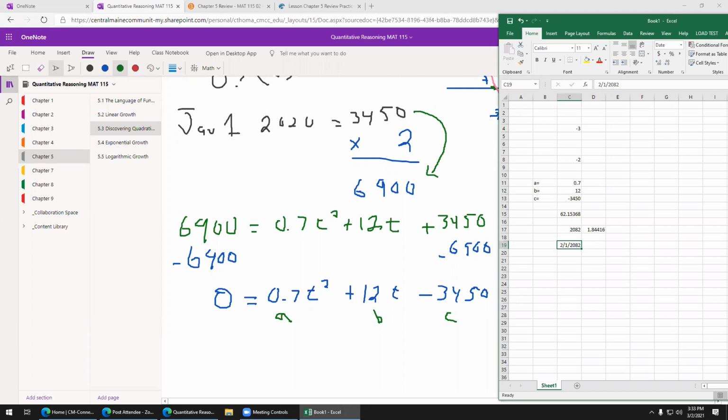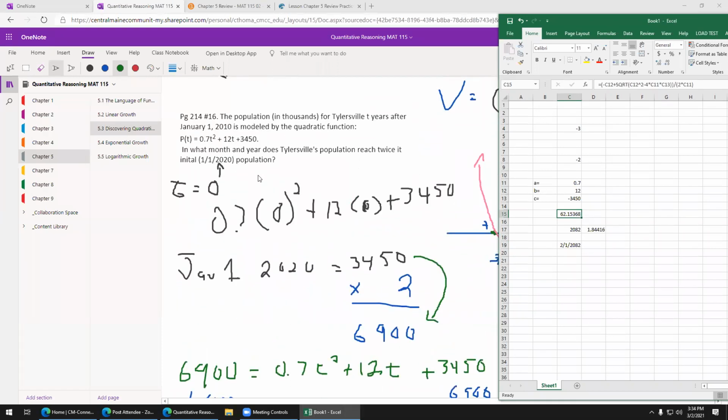No, it says 2072. I do bad math. I got 2072. Maybe this one where I got it right, I type it in wrong. Let me check all my numbers here because I say I'm 10 years off.